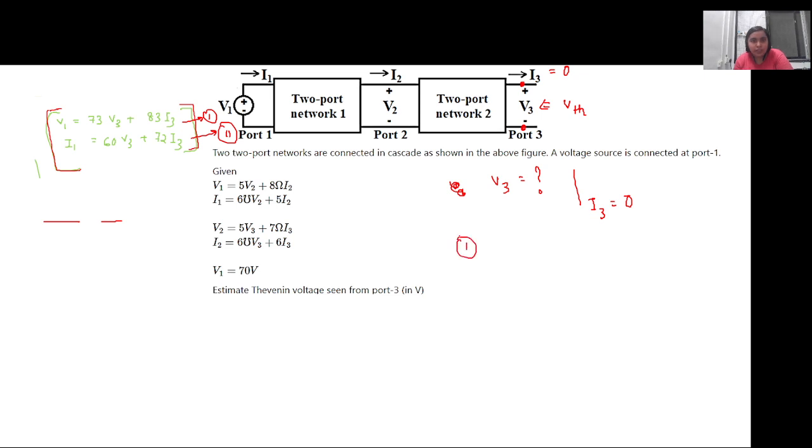From the first equation, V1 equals 73 V3, since I3 is 0 and this part will be 0. In the question, the value of V1 is given as 70 volt, so 70 equals 73 V3. So V3 will be equal to 70 by 73, which comes out to be 0.9589. So this is V3.